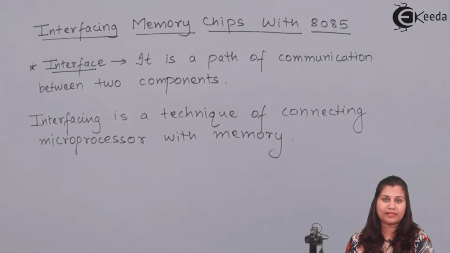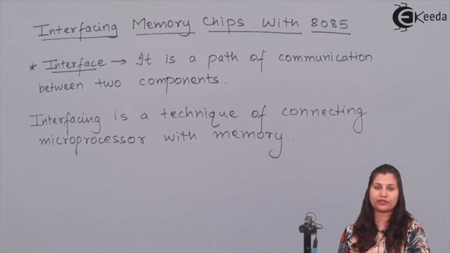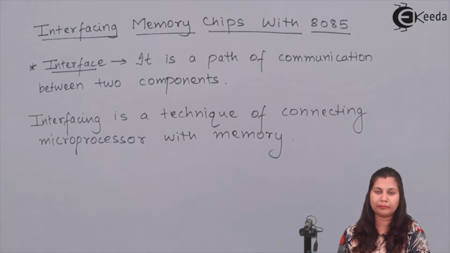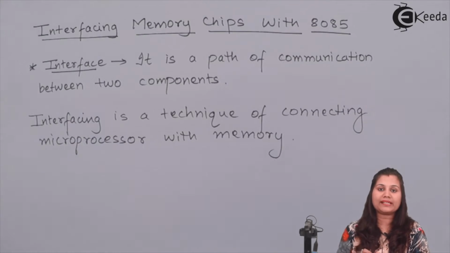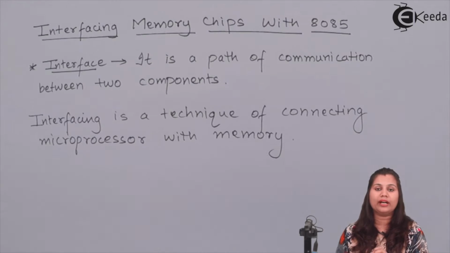When the microprocessor is executing an instruction, it needs to access the memory for reading or writing data, or for reading the instruction codes which are written in the memory.